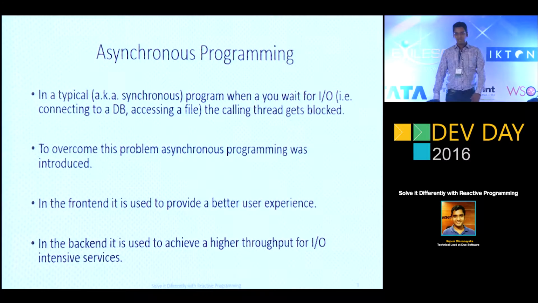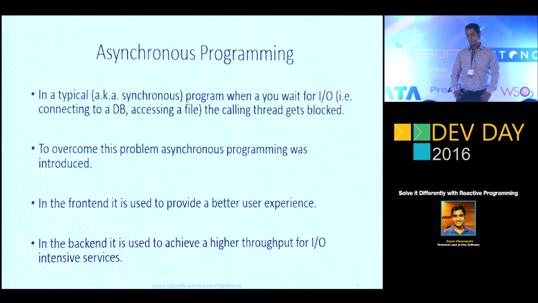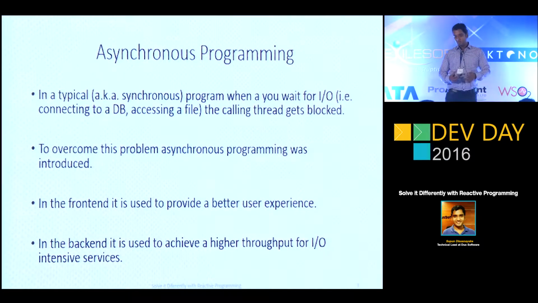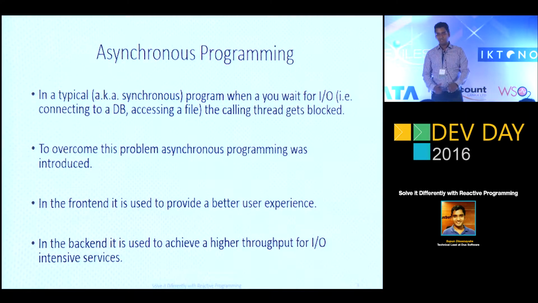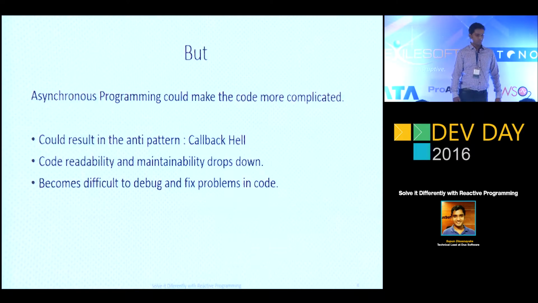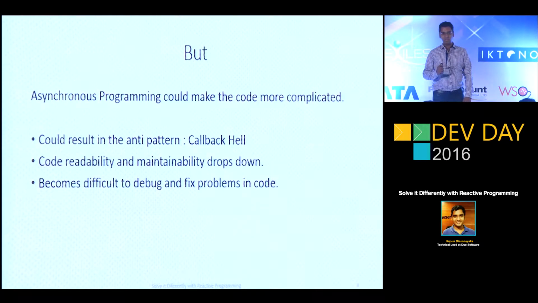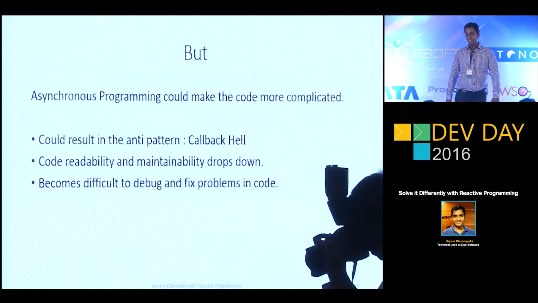Also in the backend, if you have worked with Node.js, it is used to utilize the CPUs and all the system resources better when it comes to work that requires a lot of I/O access. But the problem with asynchronous programming is that sometimes it can make the code complicated.